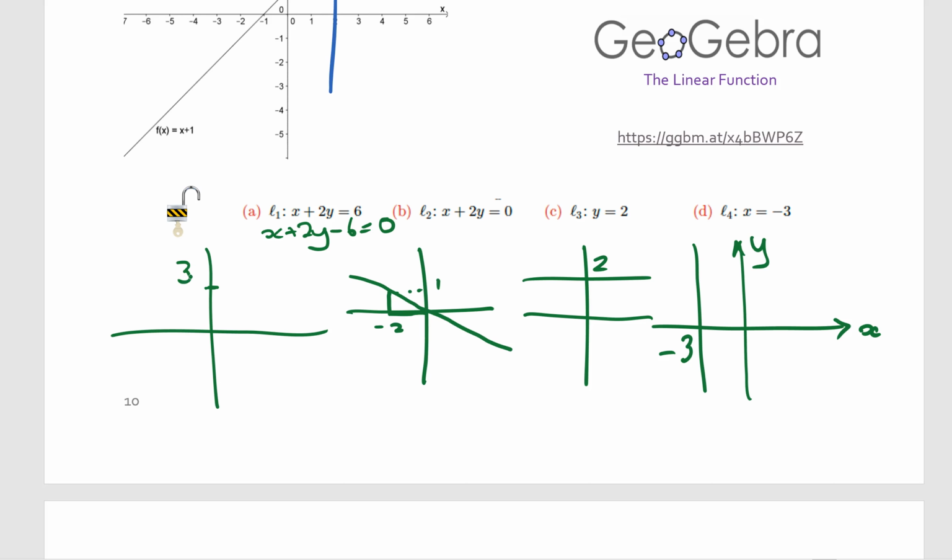And my gradient is minus a over b, so again that's minus a half. The easiest way to plot it though is to say we cut the x-axis when y equals 0, so that's going to be when x equals 6, and we cut the y-axis, of course, when x equals 0. So that will be at 2y equals 6, y equals 3.